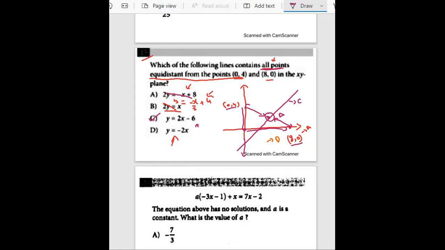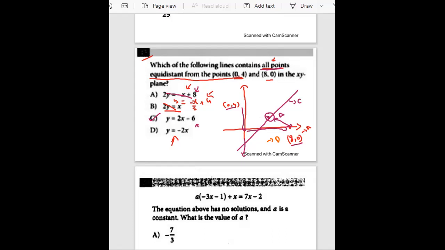So in this question, basically we had to make different lines and see which line has all the points such that they are equidistant from (0, 4) and (8, 0). The very first line was passing through the points (0, 4) and (8, 0). And I told you that that cannot be the answer because the point at (0, 4) is basically on (0, 4).